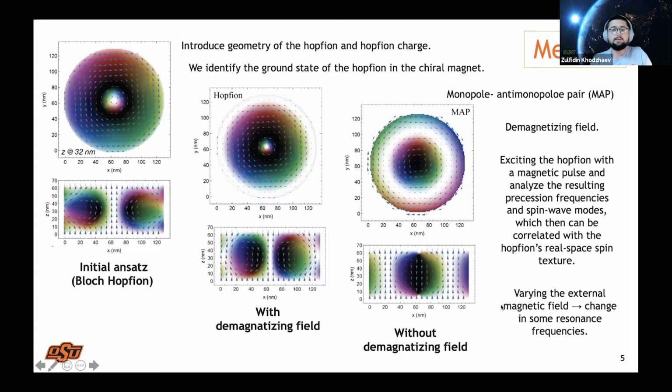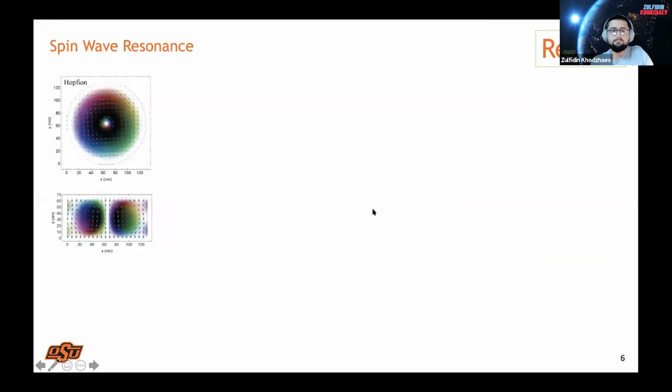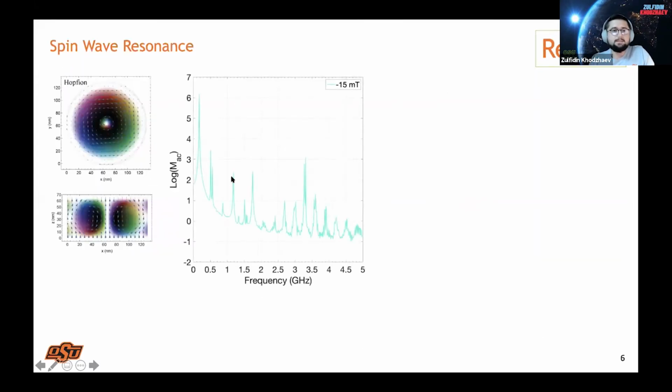Now, let's look at the resonance frequency profile. In order to get this, we used a 0.1 nanosecond magnetic pulse. We recorded magnetization for 200 nanoseconds, and by taking the Fourier transform of the spin precession, we plotted the spin resonance profile. So this is the Bloch Hopfion, and this is the frequency resonance profile for -15 millitesla.